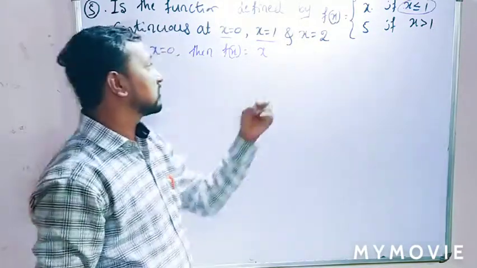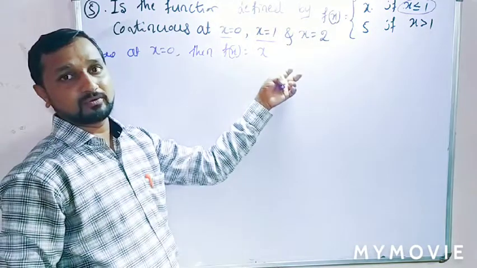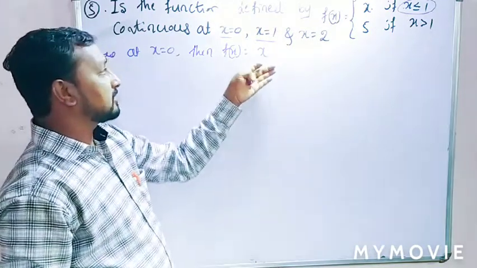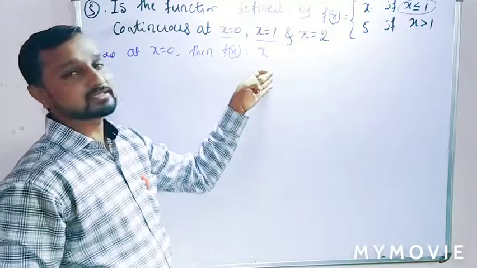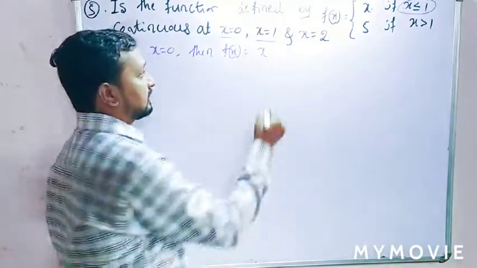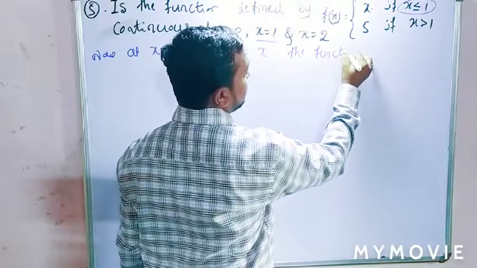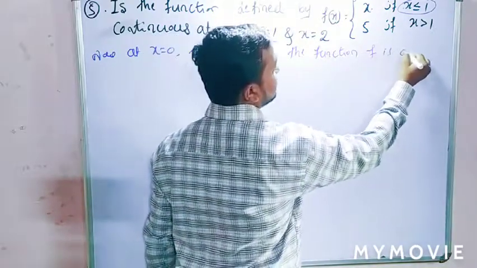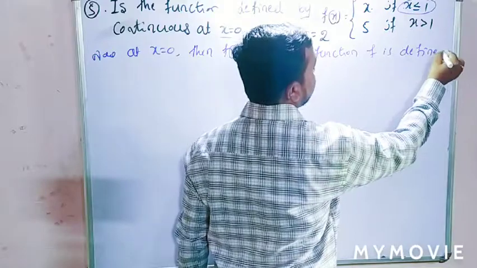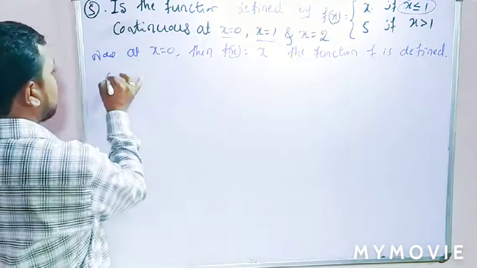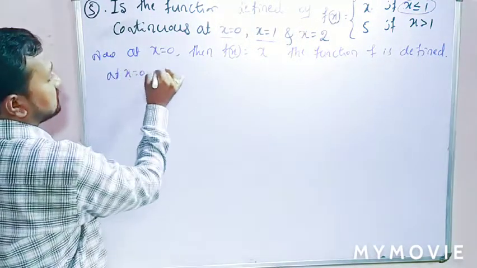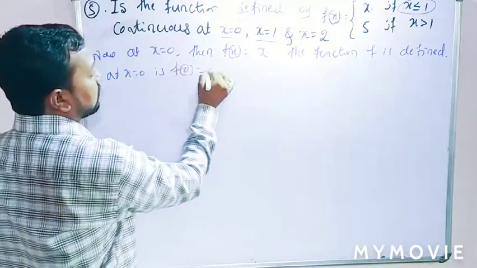At x equal to 0, f of 0 is equal to 0. And the limit of f of x as x tends to 0, that is also 0. Okay, leave it. Start. The function f is defined at x equal to 0, f of 0 equal to 0.